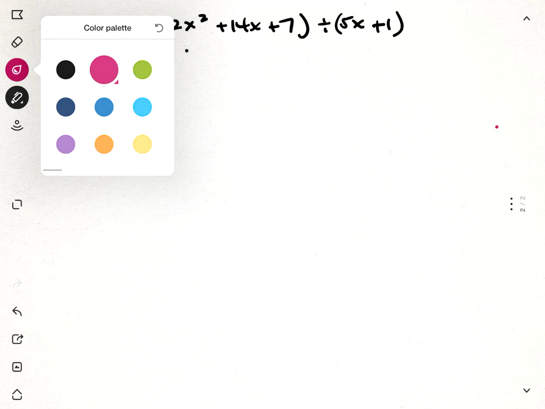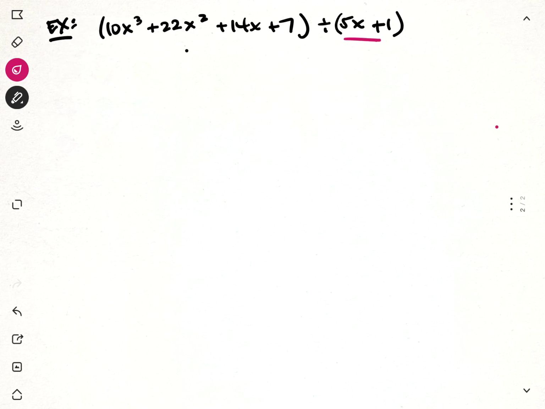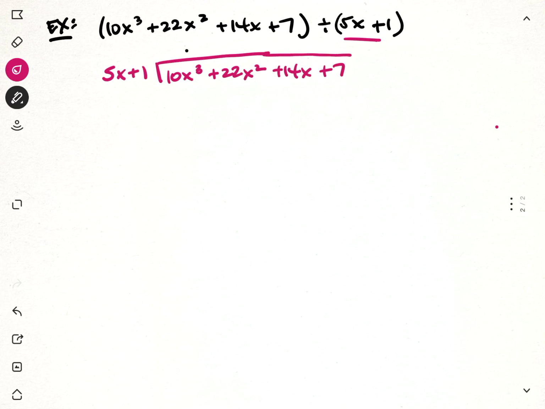So step 1, we're going to write our 5x plus 1 outside. Then inside we're going to put 10x cubed, 22x squared, 14x, and 7.